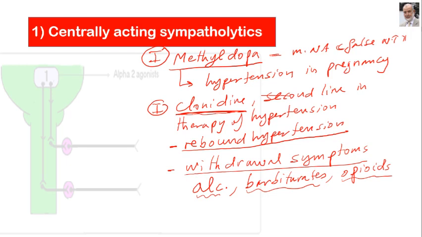Why? Because in these cases, the withdrawal syndrome results in activation of the sympathetic nervous system.